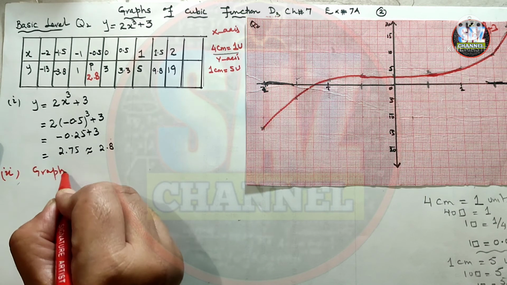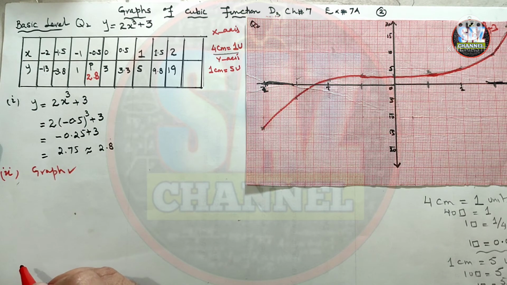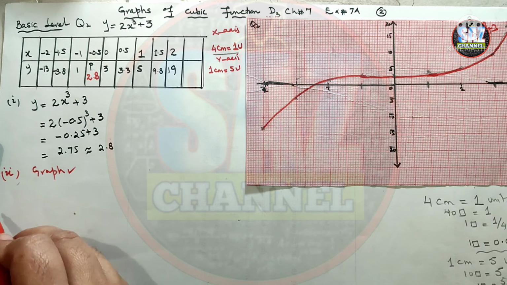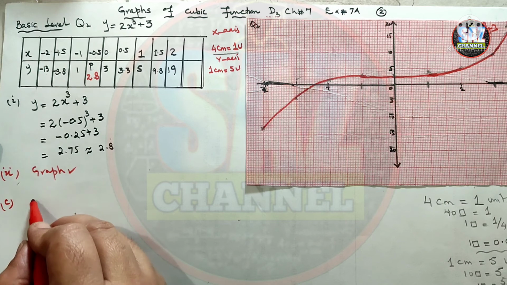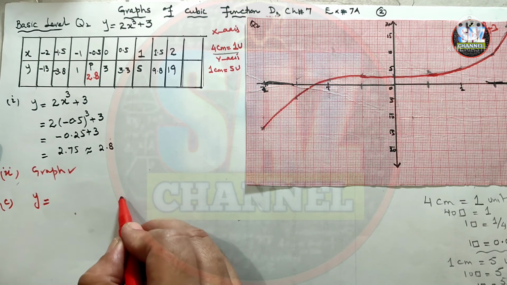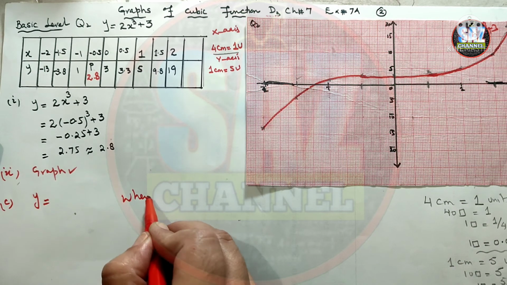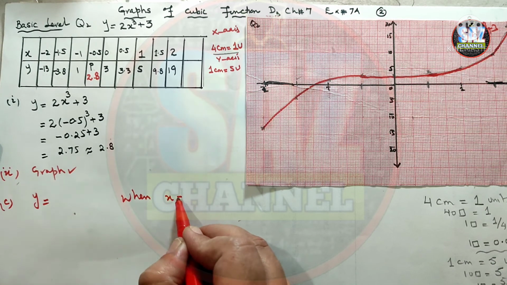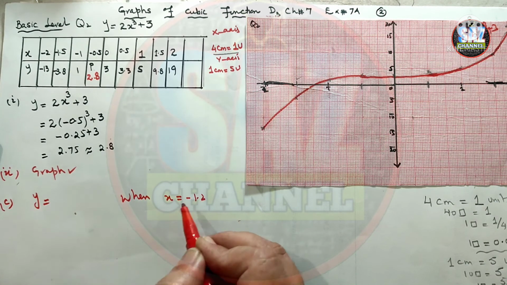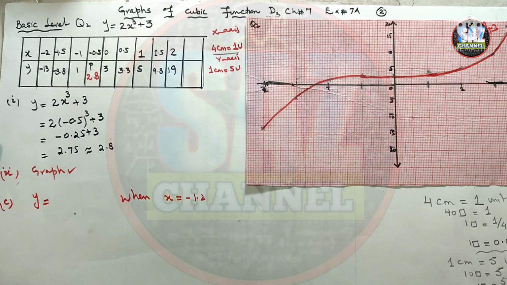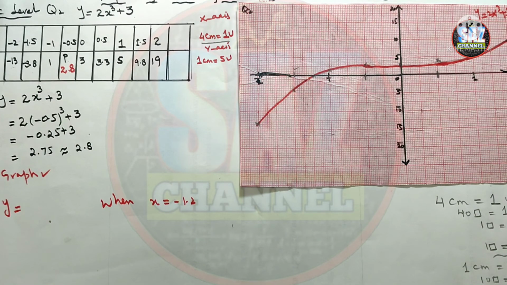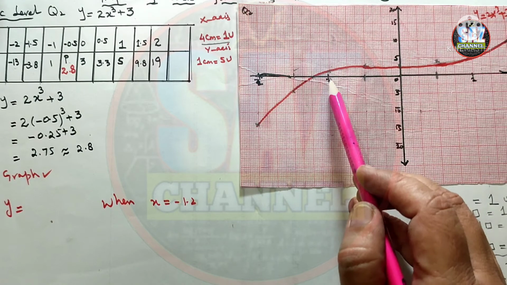So the graph is done, and now the question says find the value of y when x equals minus 1.2. So we have to locate the position for minus 1.2.